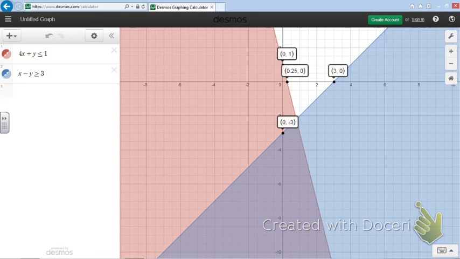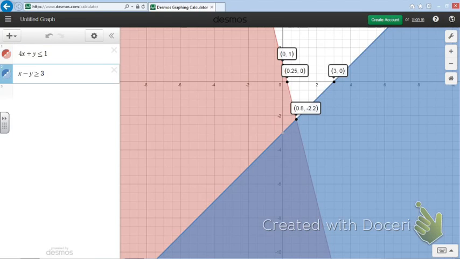And then you can see the overlap, and you should see the solution is where they intersect. I mean, it's not just where they intersect, it's where the shading overlaps. So we're looking at this much darker part here. And so all of this would be my solution.